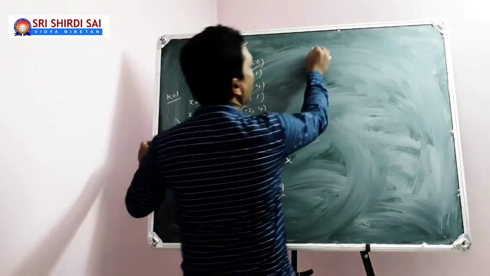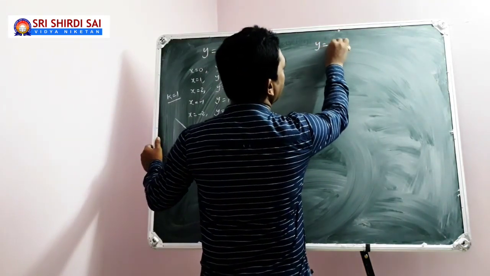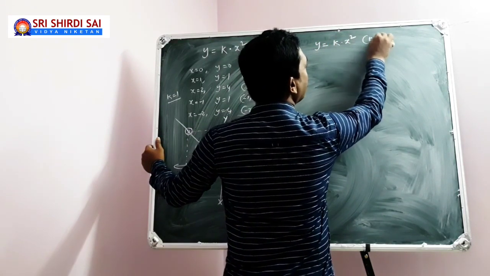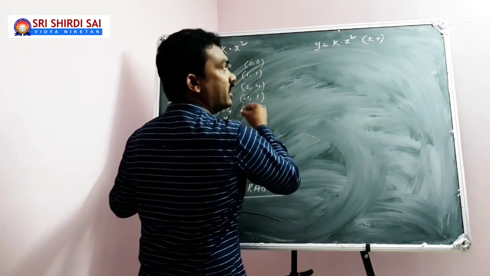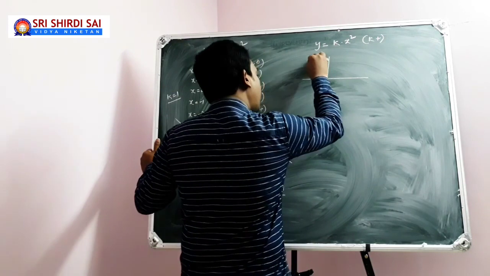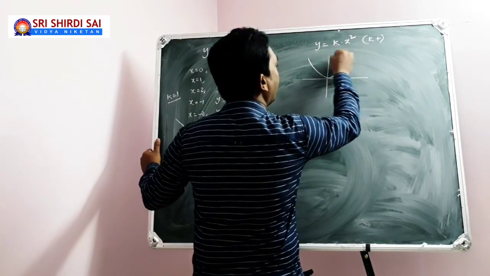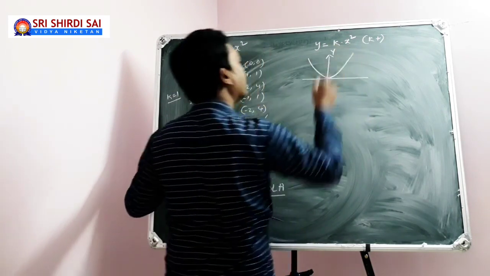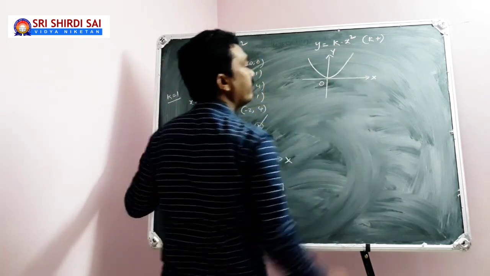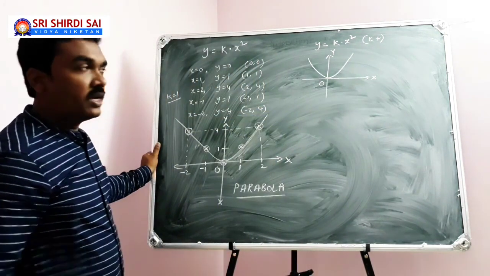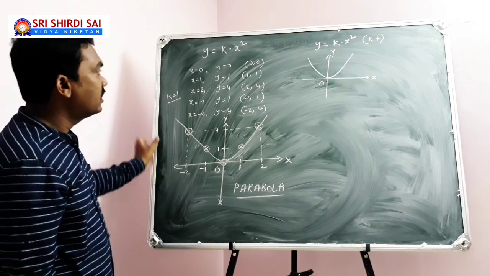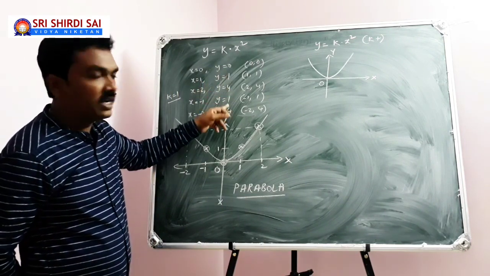So when y is equal to kx square with k a positive value, your curve is a parabola symmetric about the y-axis and passing through origin. Sir, if k is negative, k value minus 2, minus 3, then in that case you can expect all these y values are negative.